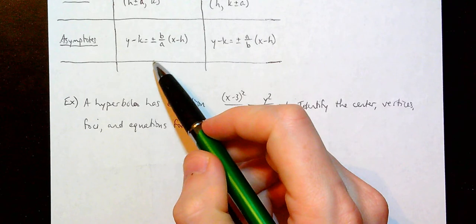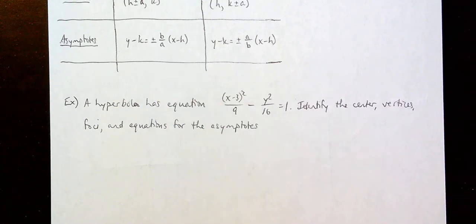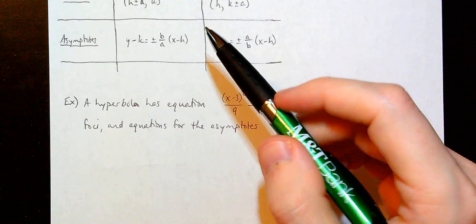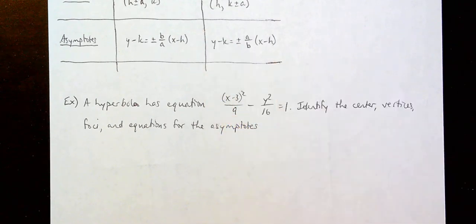If you have a horizontal transverse axis, the point slope form for the asymptotes for your hyperbola is y minus k equals plus or minus b over a times the quantity x minus h.